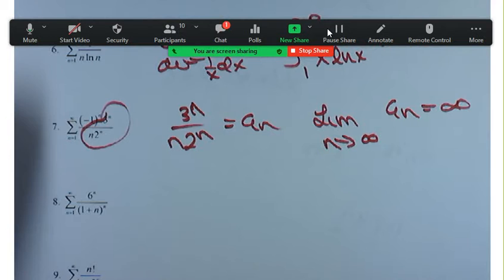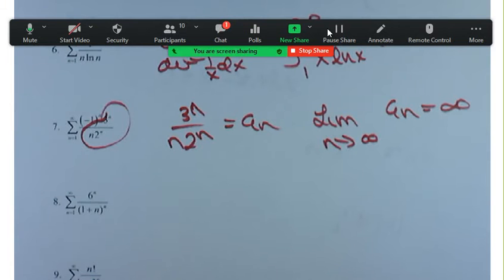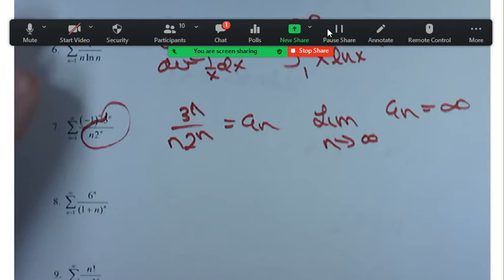So what's that telling you about this? Diverges. So basically the nth term test says that one diverges. Done. We checked it. It looks like a telescoping series. It's not. It's an alternating series, and yeah.